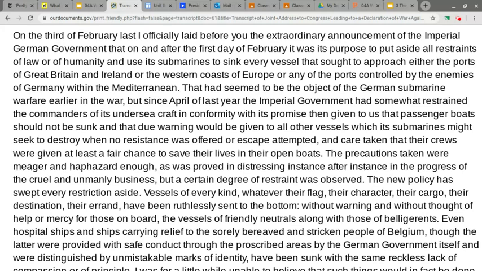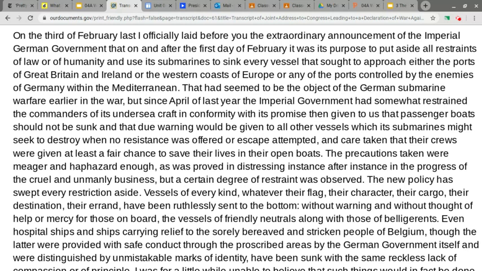These precautions taken were meager and haphazard enough, as was proved in distressing instance after instance in the progress of the cruel and unmanly business, but a certain degree of restraint was observed.